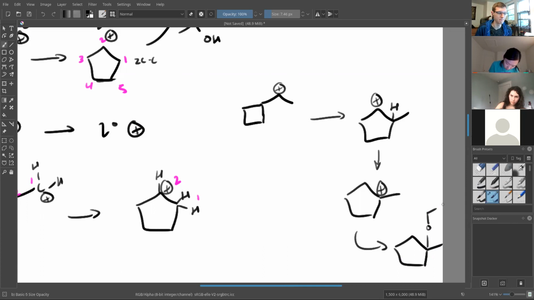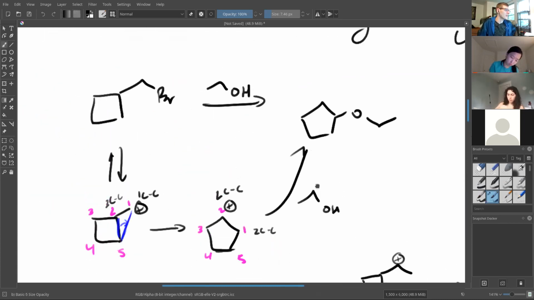In terms of an alkyl shift versus a hydride shift, would an alkyl shift only be preferred if it's relieving ring strain, versus a hydride shift because it takes less energy? Yeah, usually if you could do a hydride shift, it's going to be more preferred.